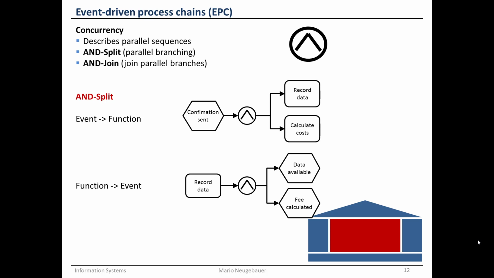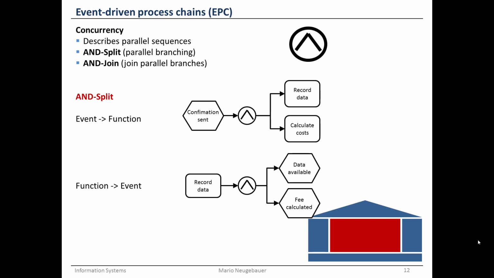You could have other splits maybe if you construct it in a special way, but the main construct which follows then should be a function. So here confirmation is sent is followed by record data and also calculate cost. So you do both functions in parallel.